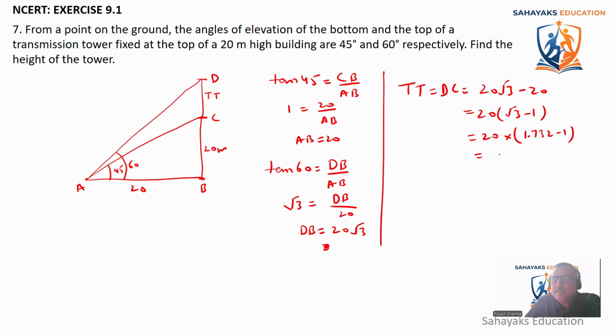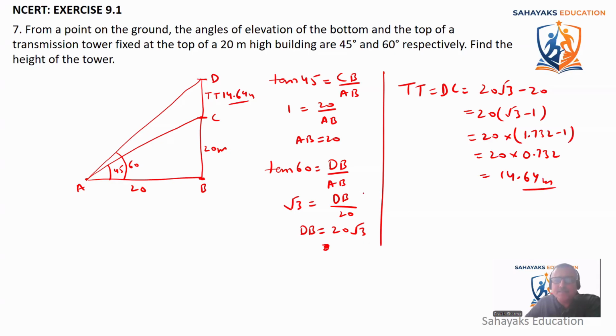So it becomes 20 multiplied by 0.732, which comes out to be 14.64 meters. So the height of the tower is 14.64 meters.